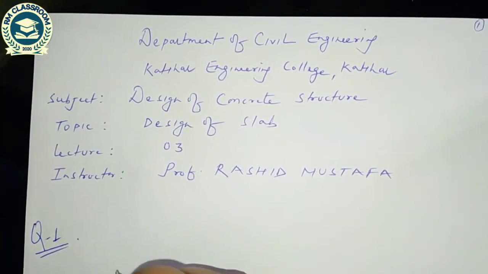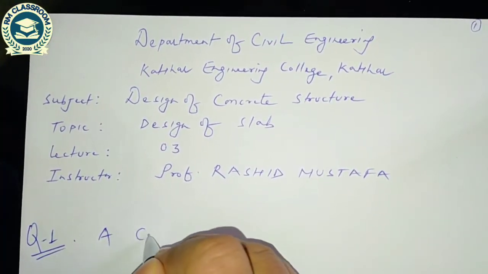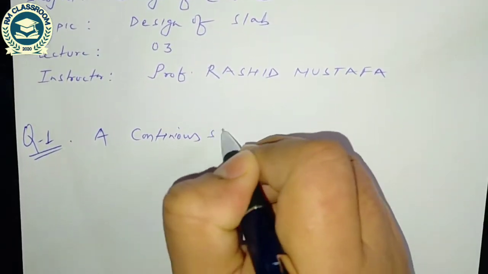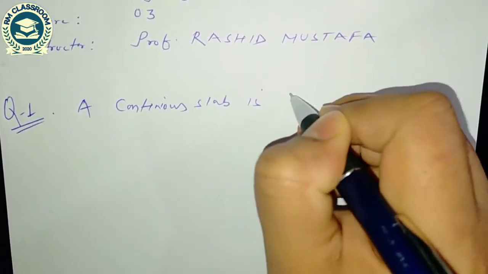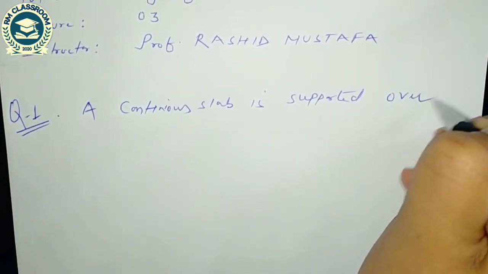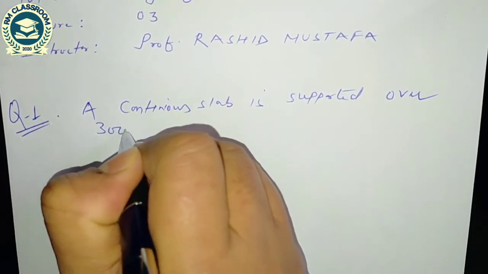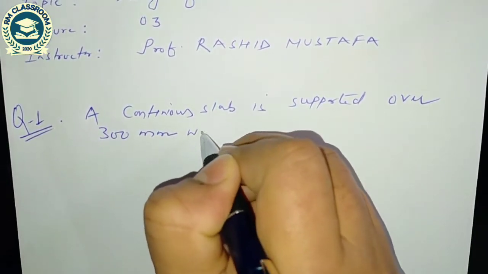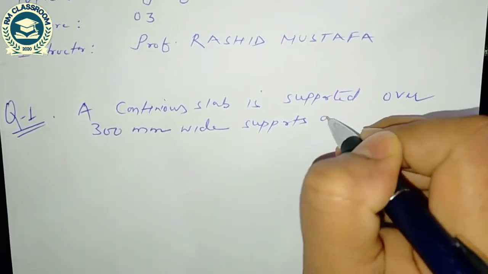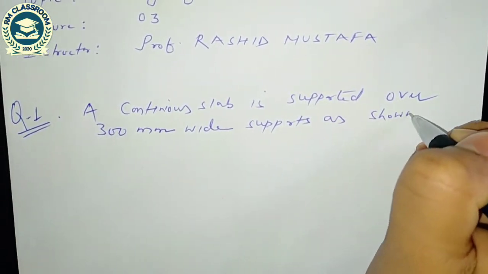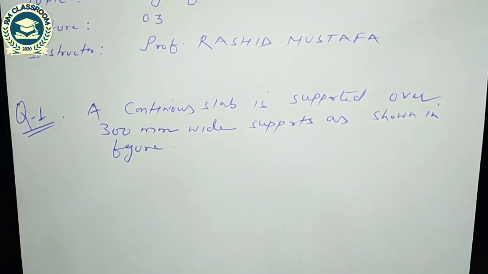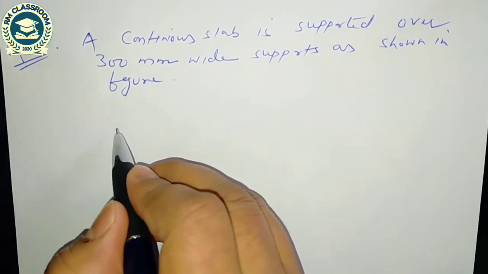So let us take one problem. A continuous slab is supported over 300 mm wide supports, as shown in the figure. So the figure is given.